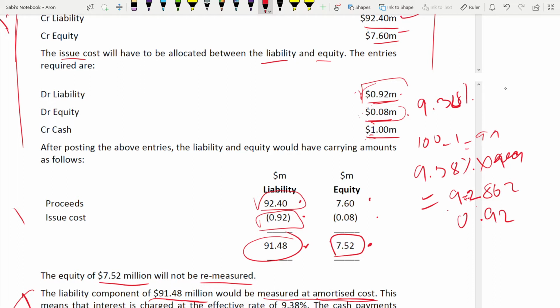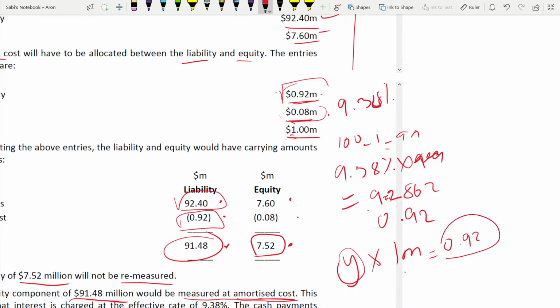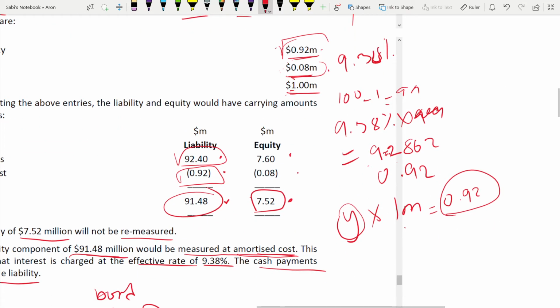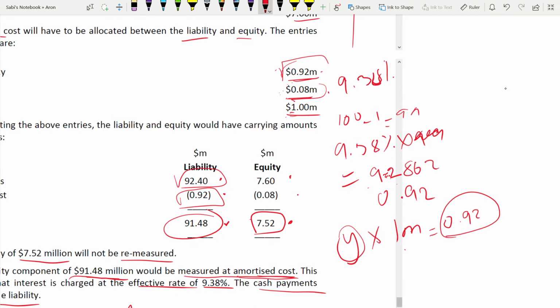So some percentage. Okay, we'll try to do this with algebra. We'll keep this y, the percentage, we don't know the percentage, times 1 million is equal to 0.92, because at the end you have to get some percentage of this 1 million which should be equal to 0.92, which is your liability. So if we take it the other way around, it will be 0.92 divided by 1 million.